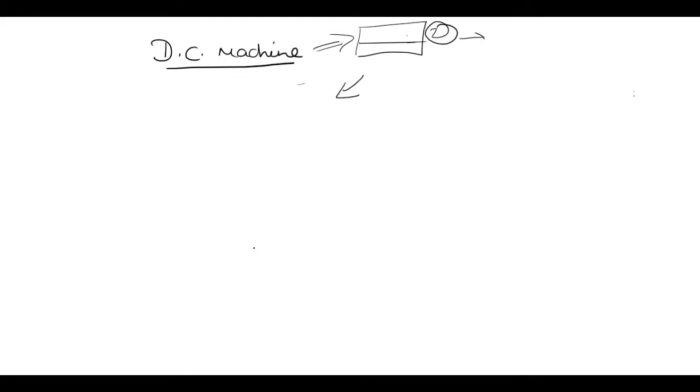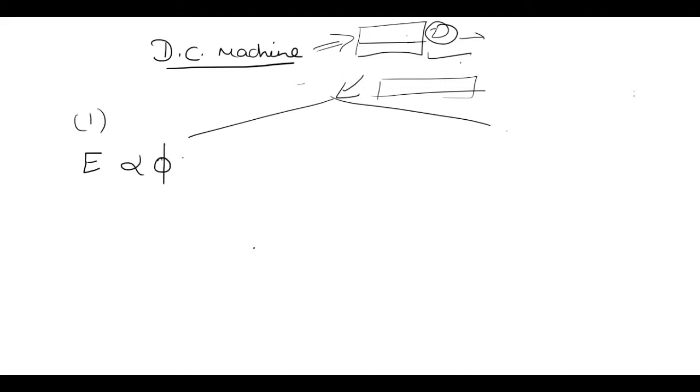Now, as I said earlier, we are going to learn only two formula. These are the two formula which are going to solve maximum questions of DC machine. First, E is directly proportional to phi omega, and second, torque is directly proportional to phi Ia.